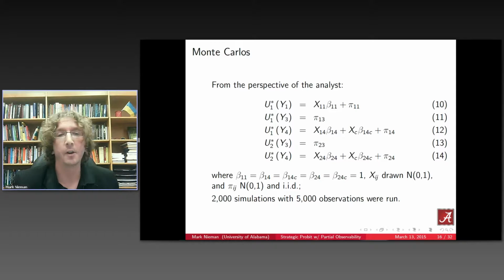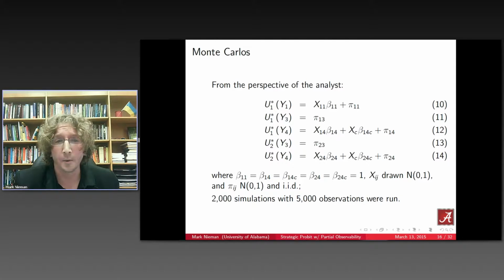From the perspective of the analyst, I specify the model in the following way. We're creating the utility for y1 as one regressor and an unobserved term. The y3 outcome is just an unobserved term for player 1.